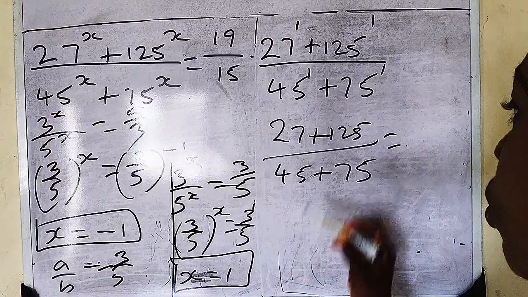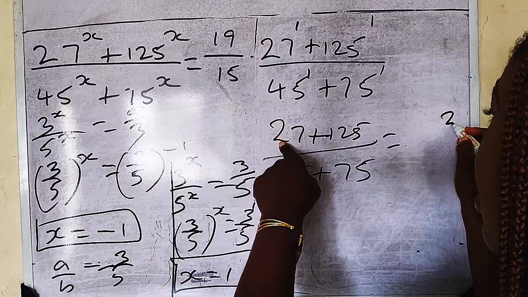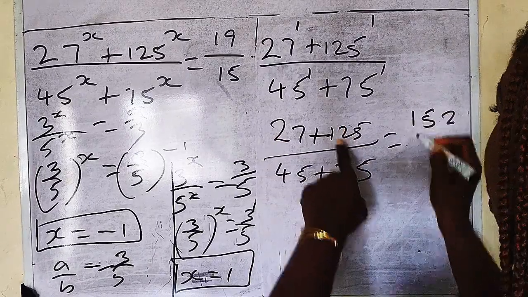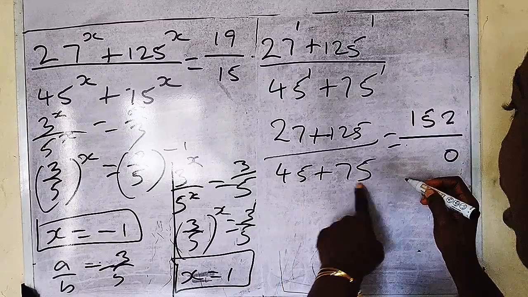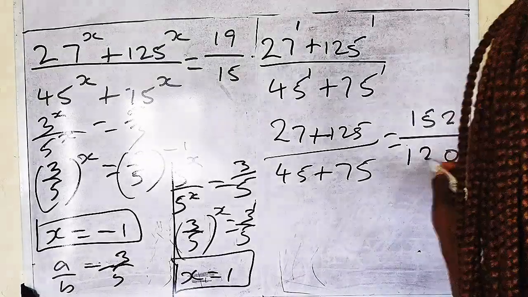This is equal to 7 plus 5 is 12, carry 1, plus 2 is 5, 152 all over 5 plus 5 is 10, carry 1, plus 7 is 8, plus 4, 12, 120.